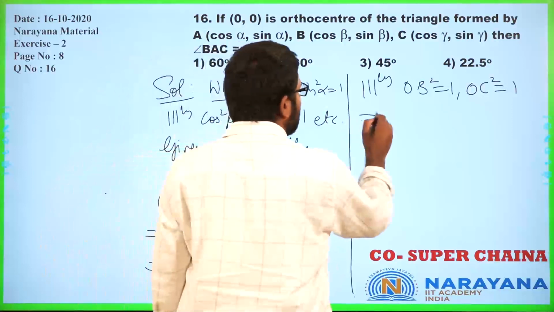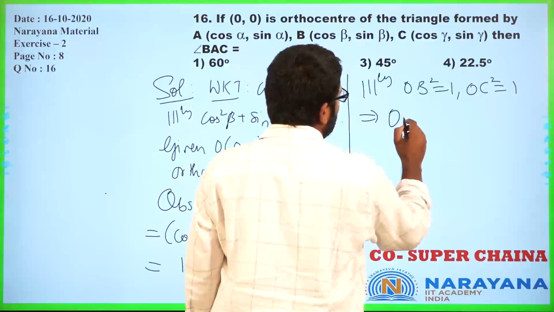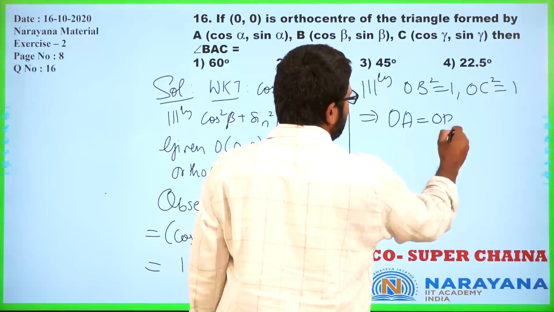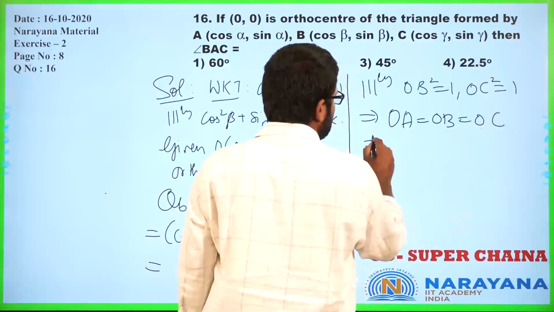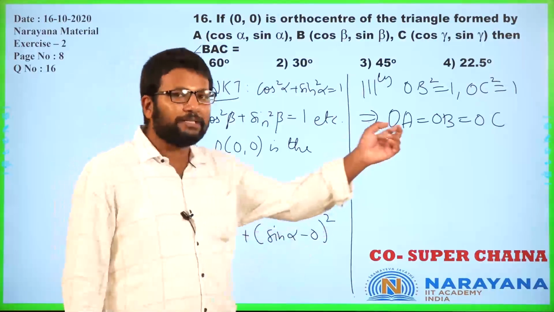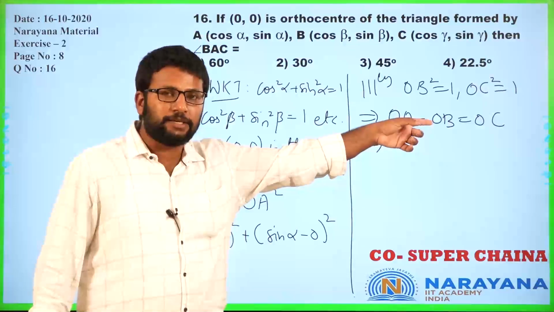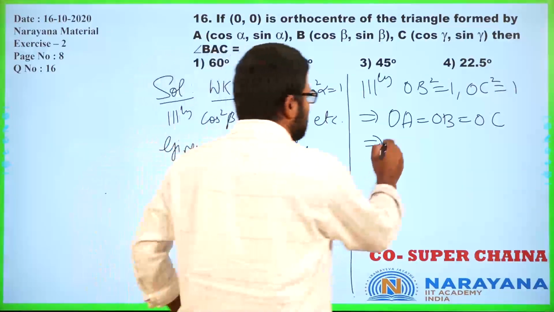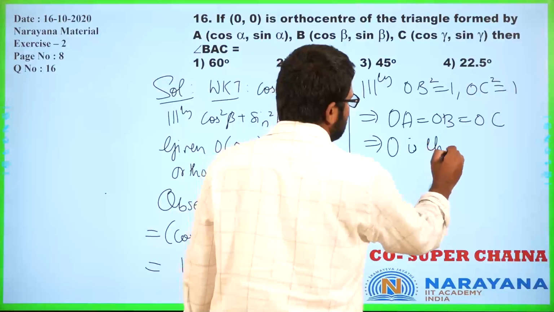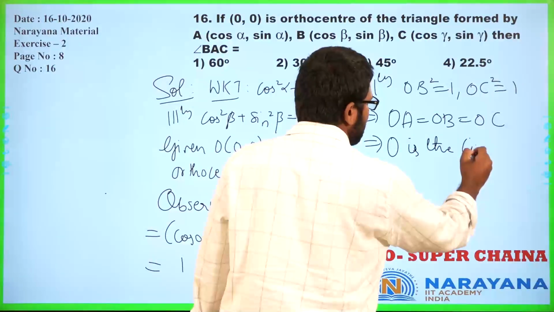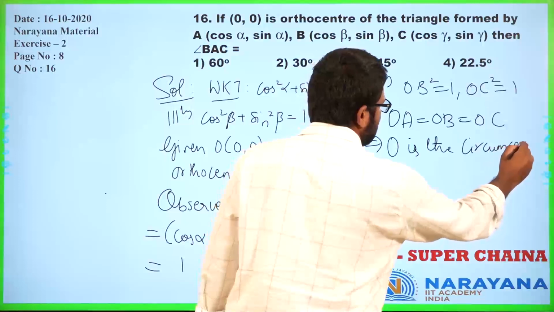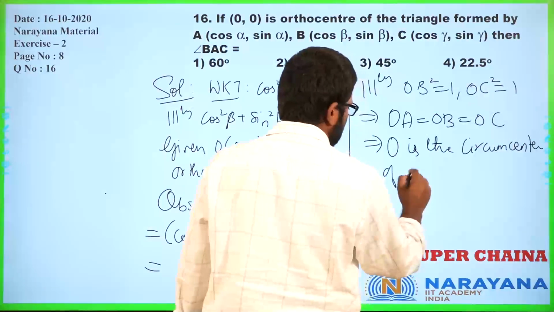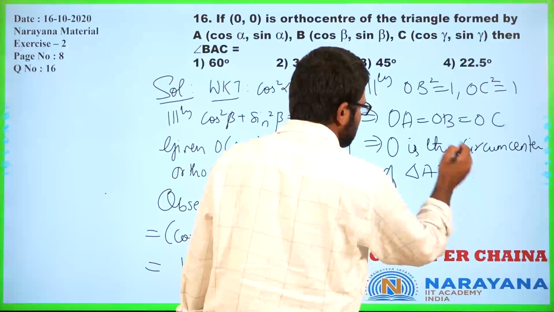Which means OA equal to OB equal to OC. So O is a point that is equidistant from the 3 vertices, which means automatically O is the circumcenter of triangle ABC.